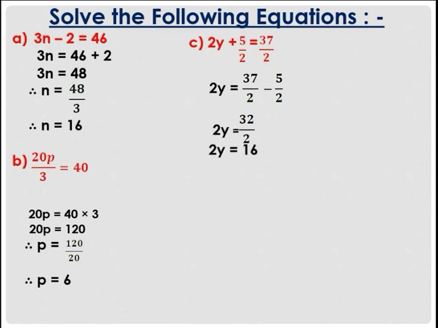Therefore 2y is equal to 16, because 16 twos are 32. Now 2 is in the multiplication form, so when we shift from LHS to RHS, it is in the division. So y is equal to 16 divide 2. Therefore y is equal to 8, because 2 eights are 16.